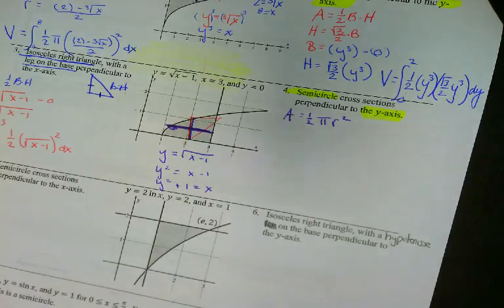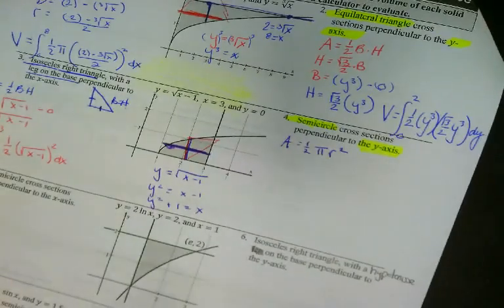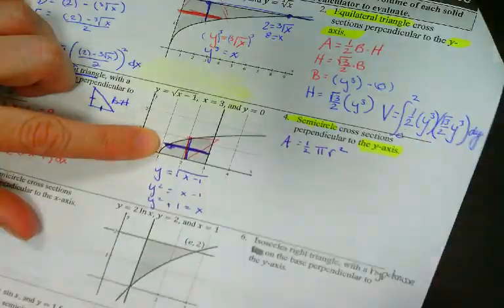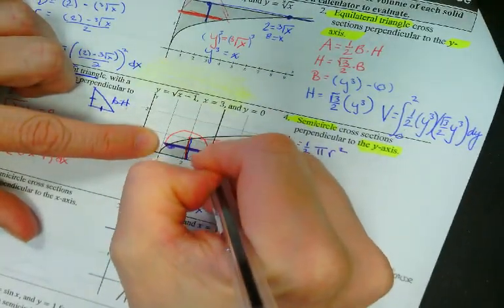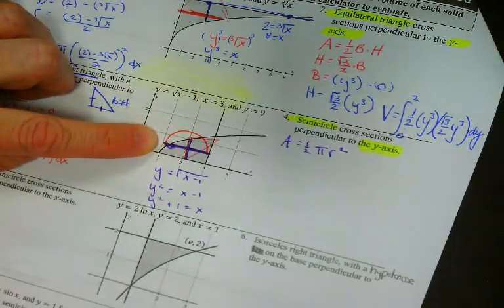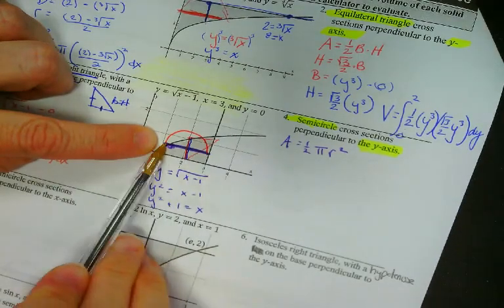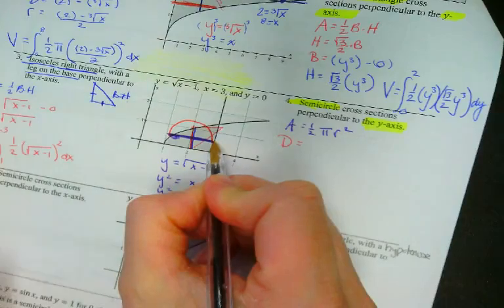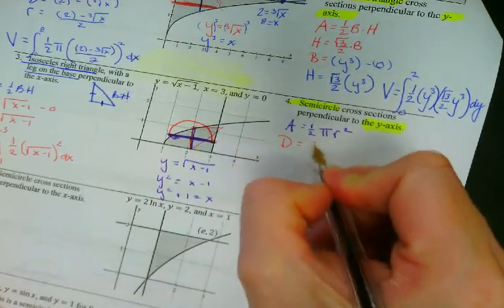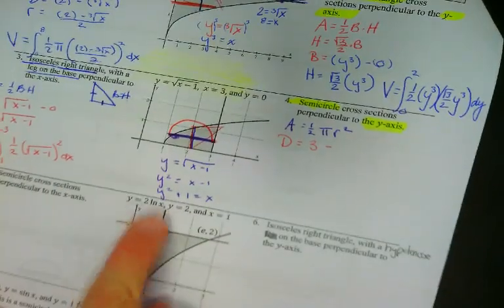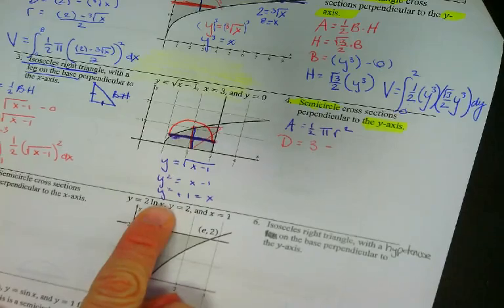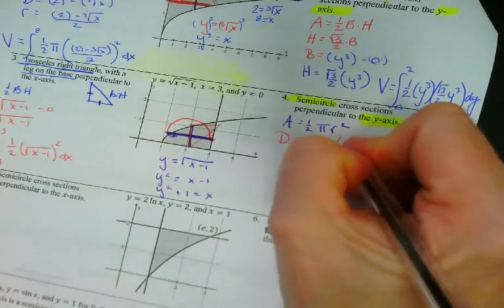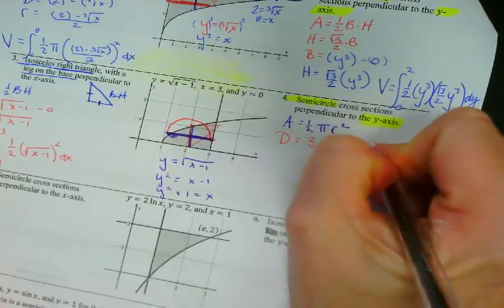All right, I'll just compare setups again. So I've got my horizontal slice this time, so I'm picturing this semicircle coming out here. This distance, my right minus my left, represents the diameter. So I'm going to say my diameter, the right side is 3. And then when I solved this equation for x, I've got y squared plus 1. So I'm going 3 minus the quantity y squared plus 1.